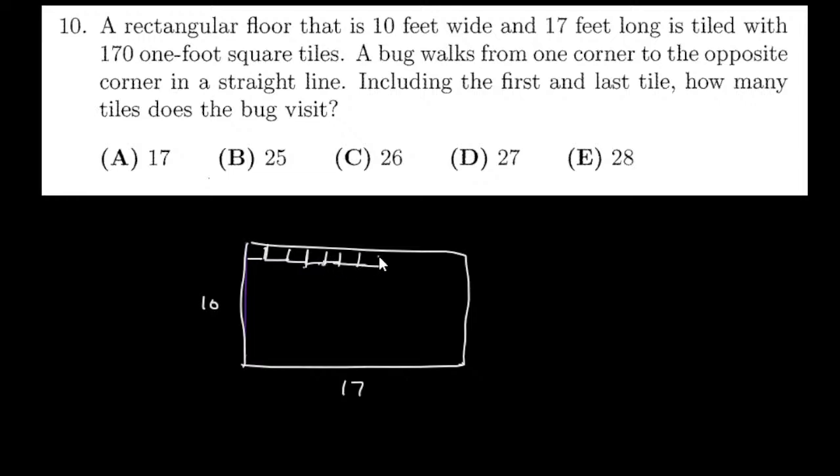Here 17, and like this I have different boxes. Now there is a bug which starts from here and goes in a straight line. So definitely it must go like this. We have to find out how many tiles it crosses.